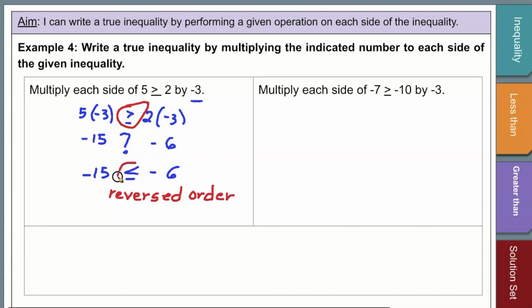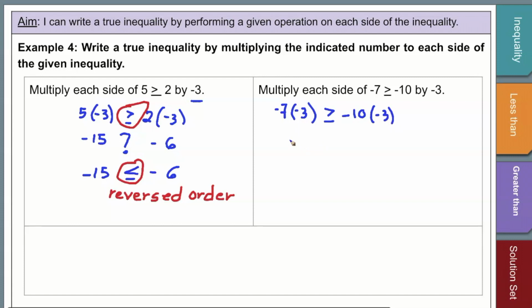Let's have another example. Multiply each side of negative 7 greater than or equal to negative 10 by negative 3. Negative 7 times negative 3, is it greater than or equal to negative 10 times negative 3? The resulting inequality should be positive 21 and positive 30.